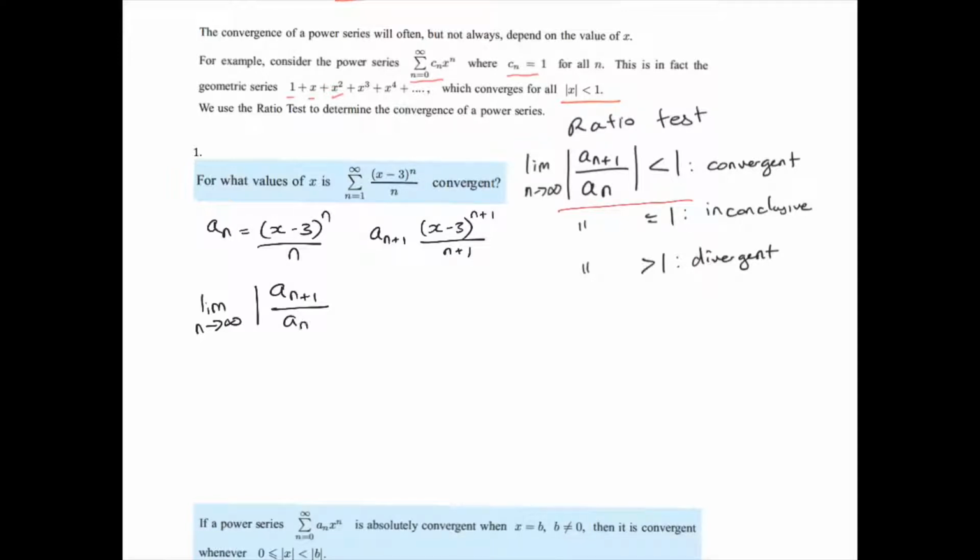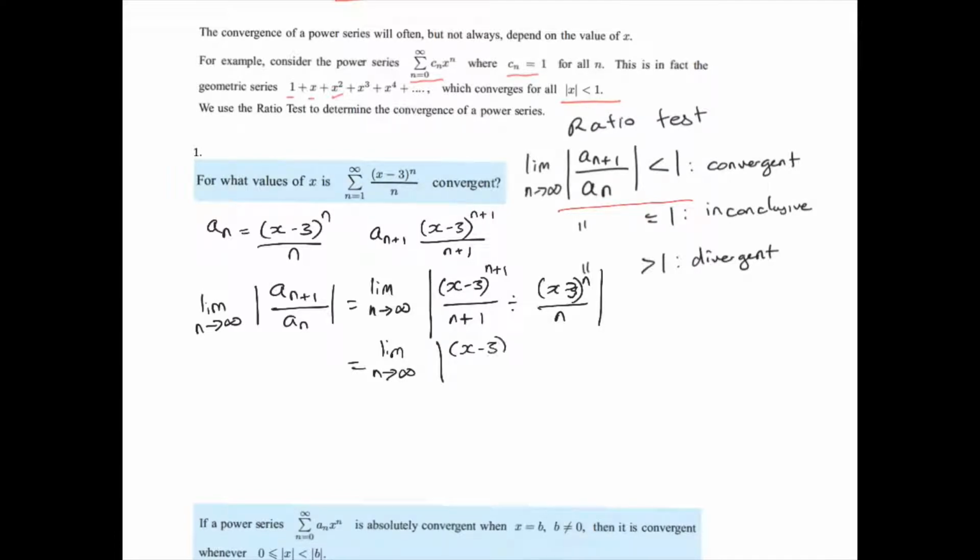I'm going to go slow. a_{n+1} is (x minus 3) to the n plus 1 over n plus 1, and I'm dividing by (x minus 3) to the n over n. I'll do the flip before I try to cancel anything out.